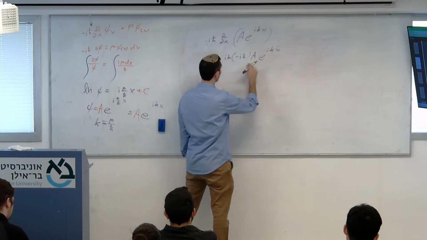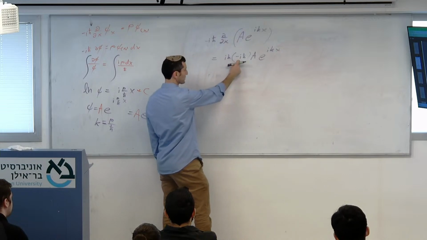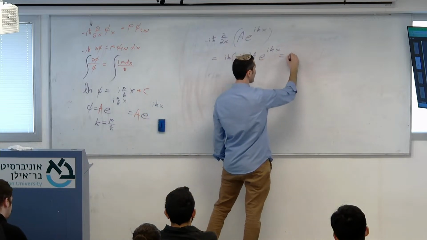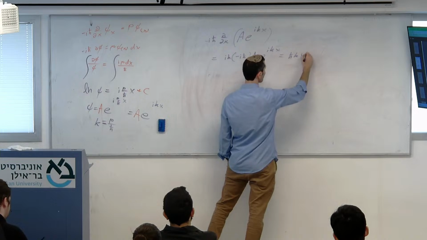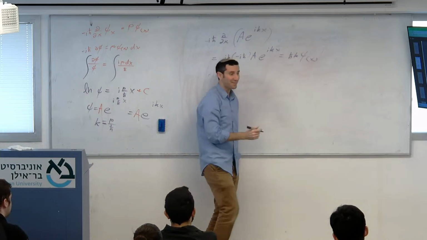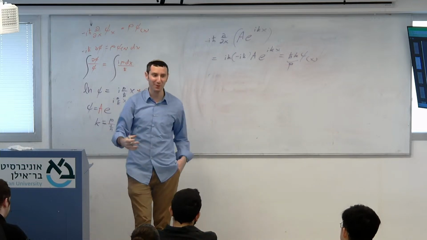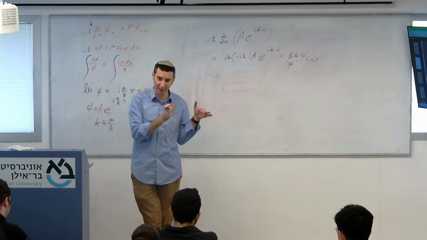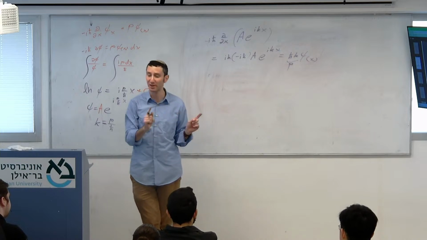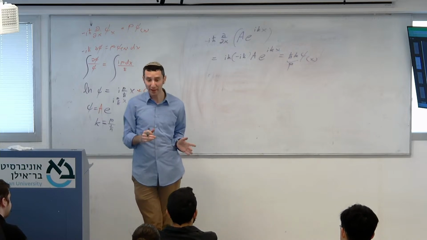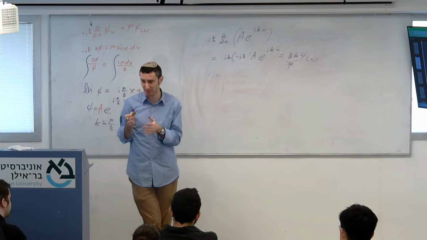Now this is exactly fine. Here I have i times minus i, which is 1. Wait a second, I got h bar k times phi, and this is exactly the momentum. So I'm so happy, because when the operator acted on the wave function, I got the exact same wave function. It did not change the wave function. And I got a certain number, and that number is exactly the momentum.